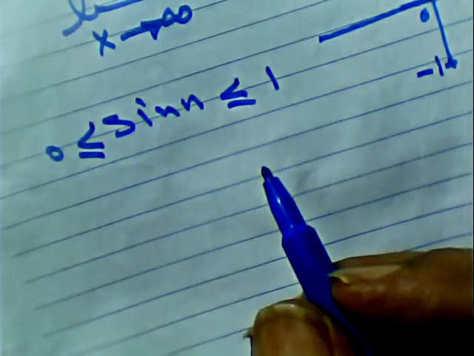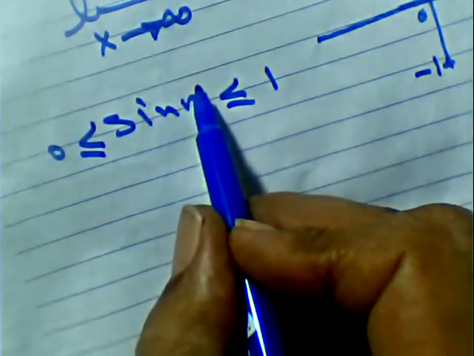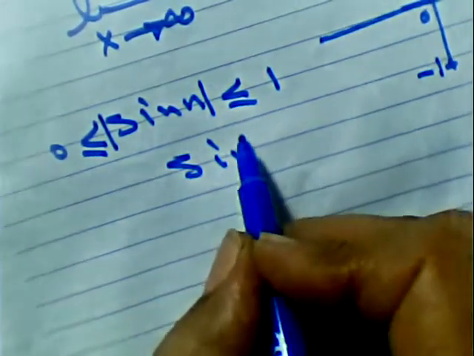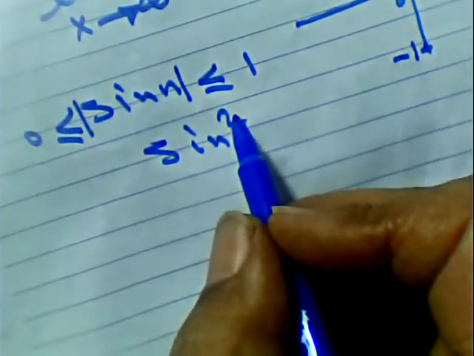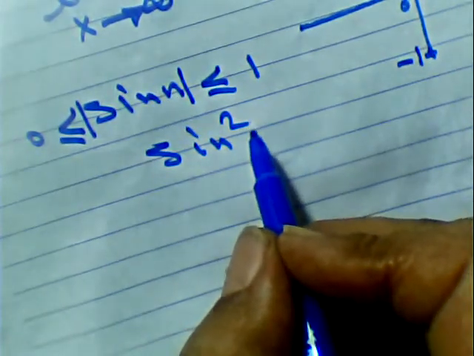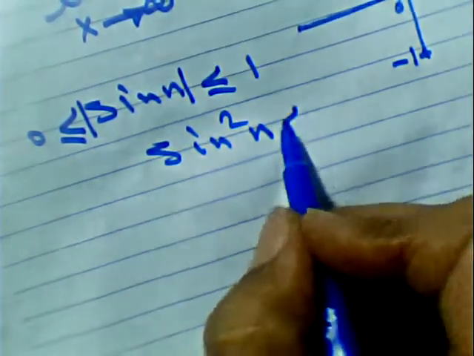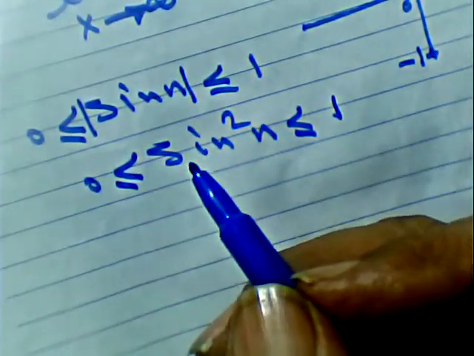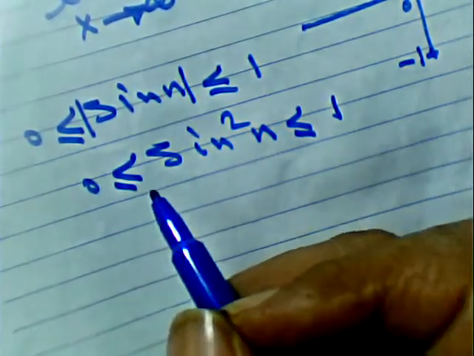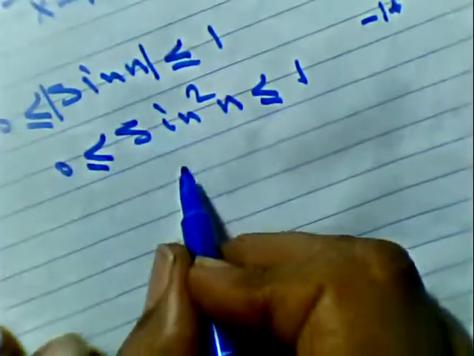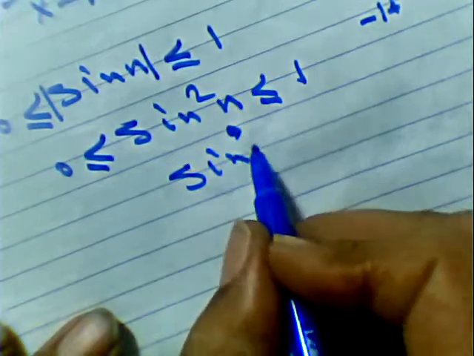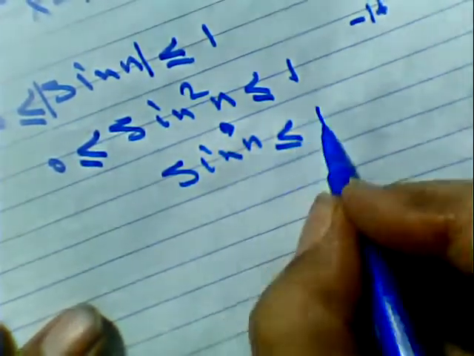Then that also means, with the modulus, sine square n is less than 1 and bigger than 0. We can get 0 less than sine square n less than 1.